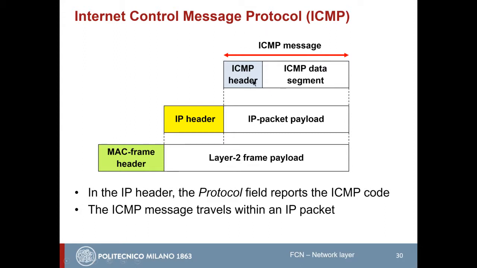So this ICMP message, header plus data segment, becomes the payload of an IP datagram, which then in turn becomes the payload of a MAC frame or layer 2 frame in order to be transferred from one router to another, as we have seen. So once the ICMP message is encapsulated into an IP datagram, then the datagram is transferred as a normal IP packet.